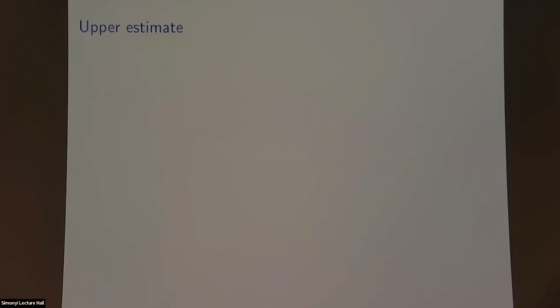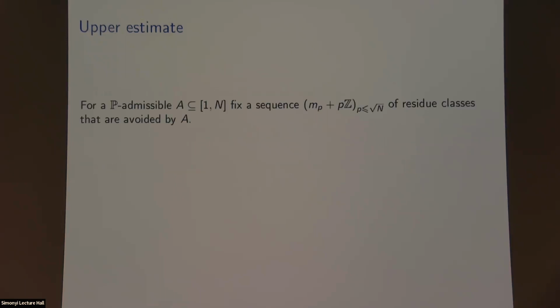The upper estimate depends on the large sieve methods, and the crucial observation is that for a p-admissible set contained in some interval, as it is p-admissible, we can fix some sequence of residue classes, modulo primes, that are avoided by A, because it is admissible.